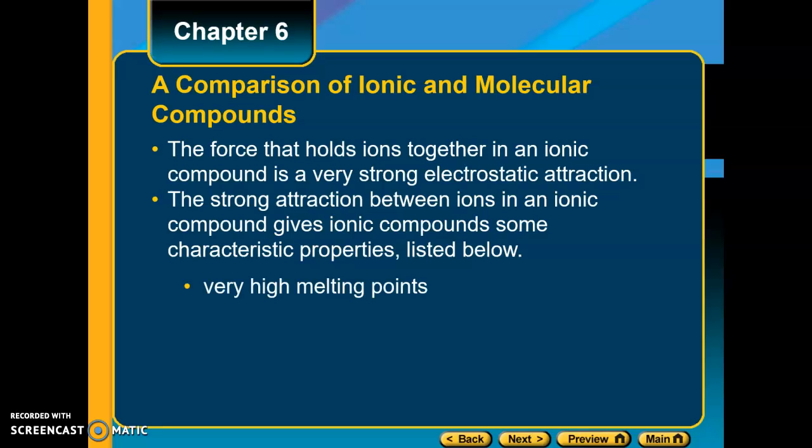As I already mentioned when we were talking about lattice energies, crystal lattices need a lot of energy to be broken because a lot of energy was given off in their formation, which results in very high melting points for these crystals. They also tend to be very hard but brittle, meaning they're not malleable like a metal. If you strike one of these, they're going to fracture. They're not going to bend.